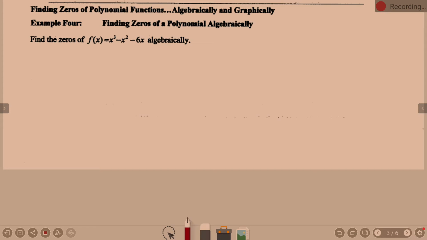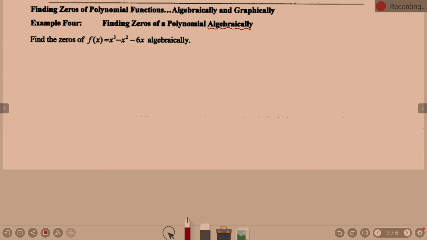We'll see. Okay. Finding zeros is what we are going to focus on with the rest of this, and what all that entails. Example 4 is finding zeros of a polynomial. How? Algebraically. So if we want to get technical, this is what you already know, supposedly.